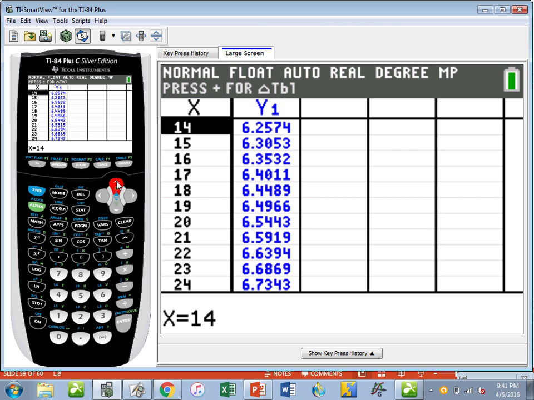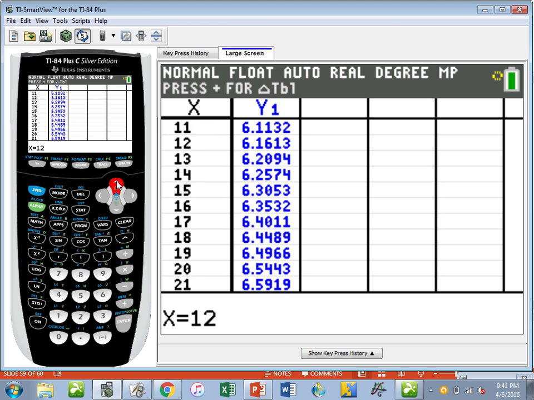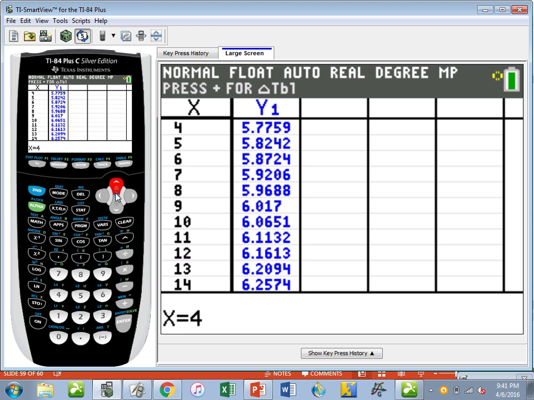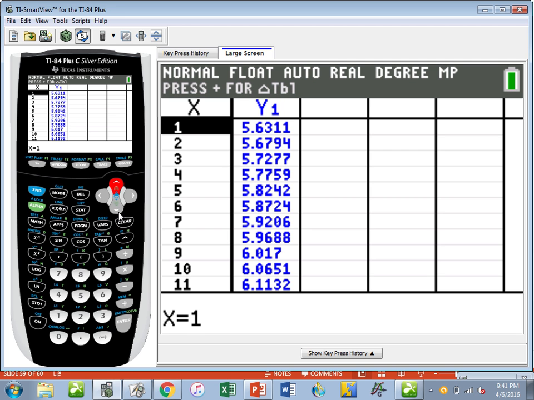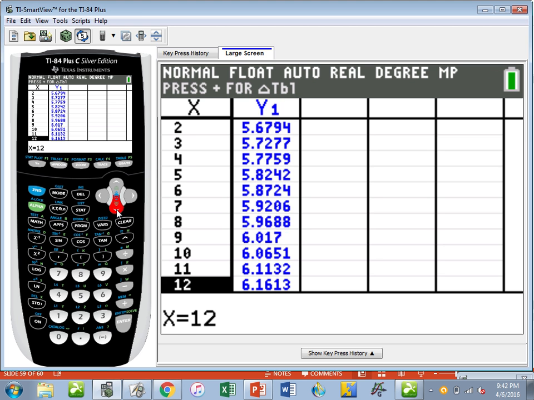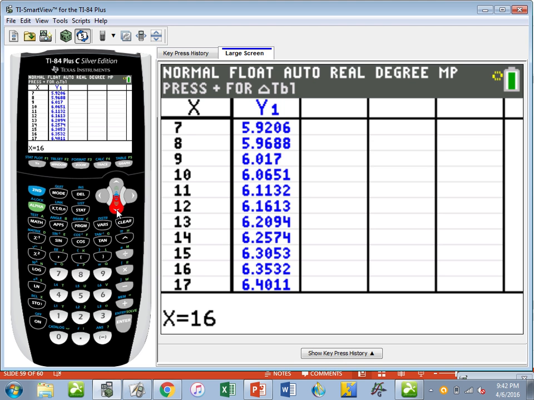So because of that, I don't have any times in the afternoon per se where the boat could safely dock, because 12 is noon, and any afternoon times would be any x values from 13 all the way up to say 24.